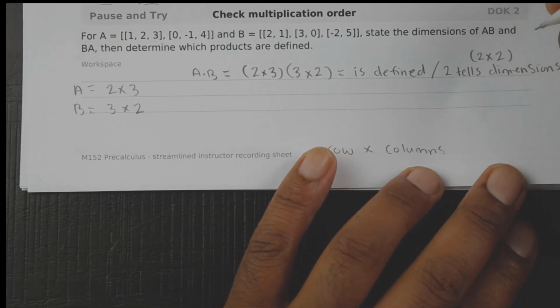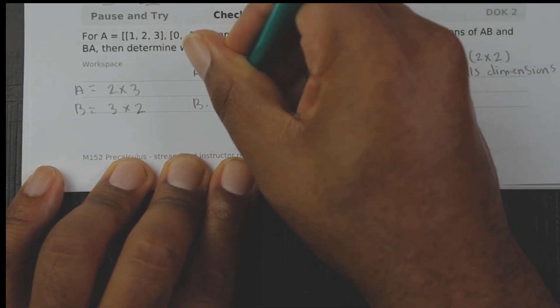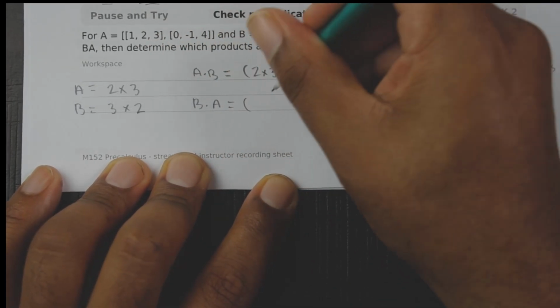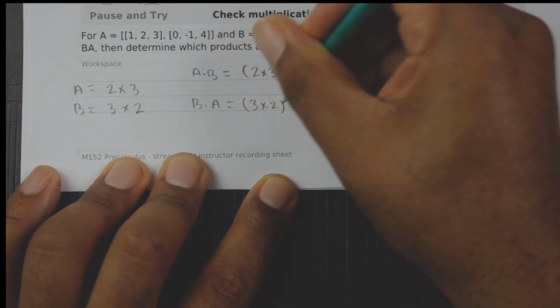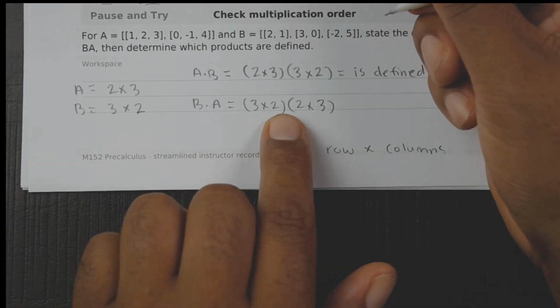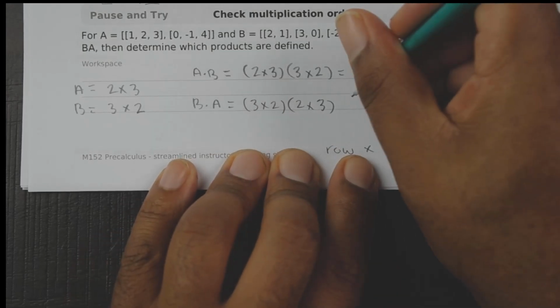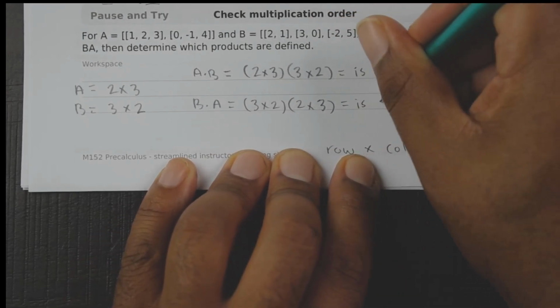right? Now let's look at BA, or B times A. So B times A would be 3 by 2 and 2 by 3. Okay, so again, looking here, we see that the 2 internal terms are the same, so it is defined here.